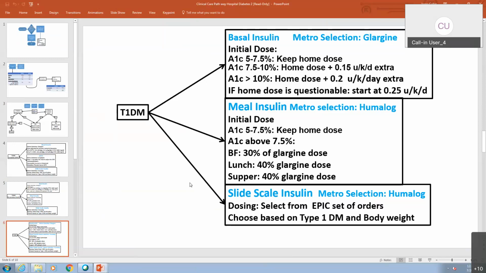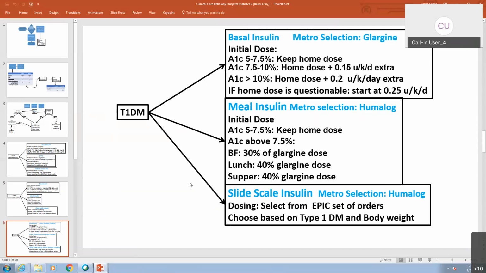In the patient that is not so well controlled, but not so terrible, then we go a little bit higher, okay? And then we use this initiation of basal insulin on the patients that are really poorly controlled, okay? This is going to be plastered in EPIC when we finish all the smart sets, okay?